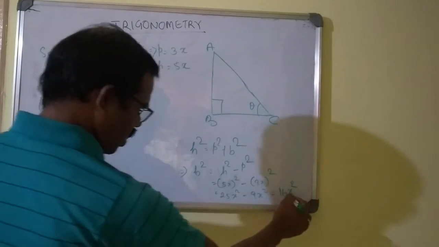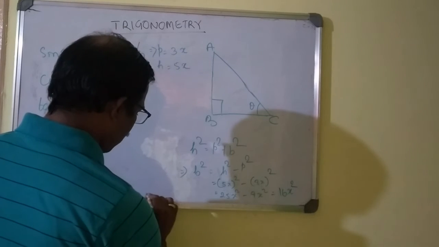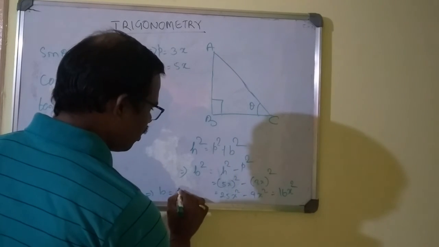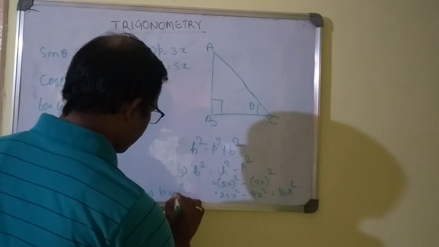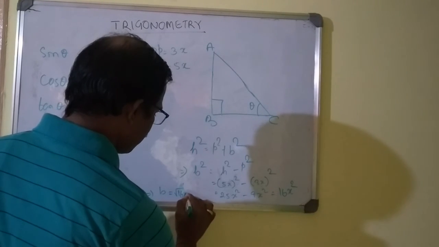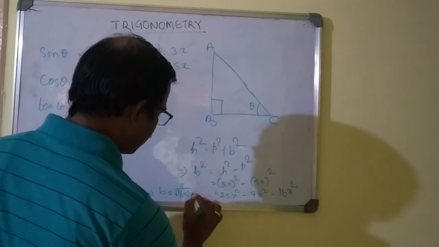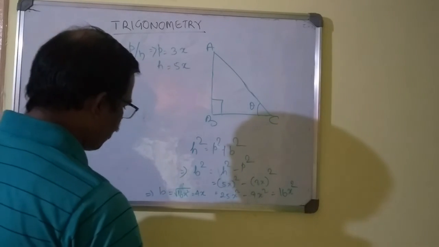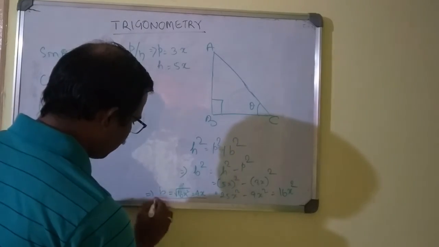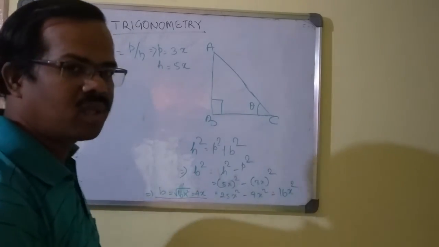So B square is equal to 16x square. Therefore, B will be equal to the square root of 16x square, which is equal to 4x.